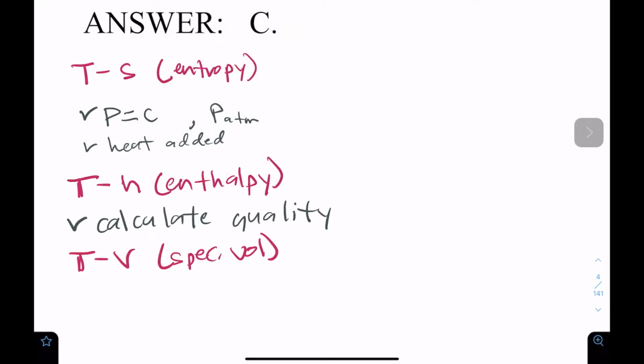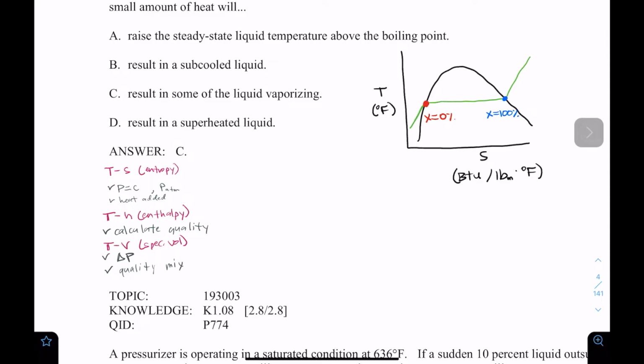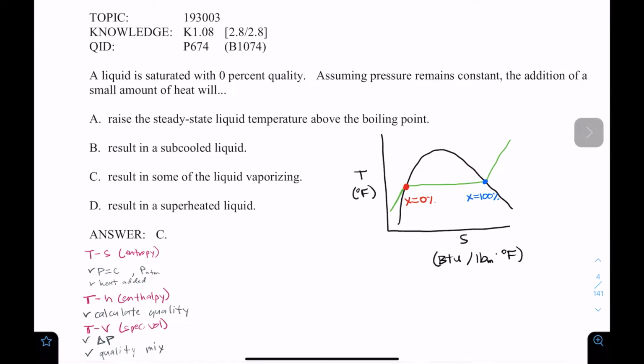I use this one if I have a change in pressure or if I have, I don't know, a quality mixture. We will go over each one of them, but I just wanted to give a heads up on this so we know the difference, right?